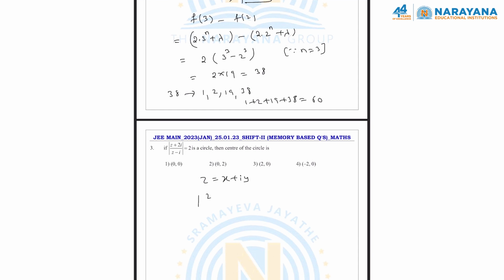Now if I substitute z = x + iy in the given equation, what is the given equation? Mod of (z + 2i) divided by (z − i) is equal to 2, which in turn I can write as mod of (z + 2i) whole square equal to 4 times mod of (z − i) whole square.